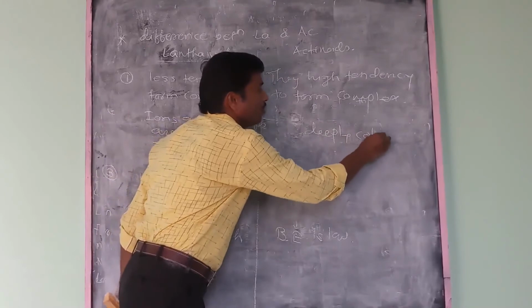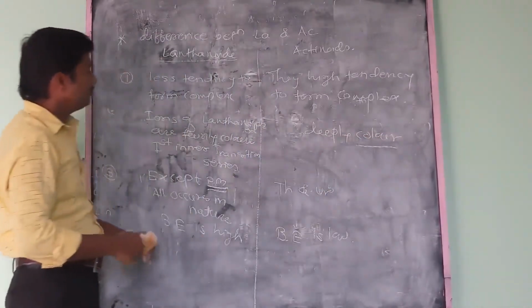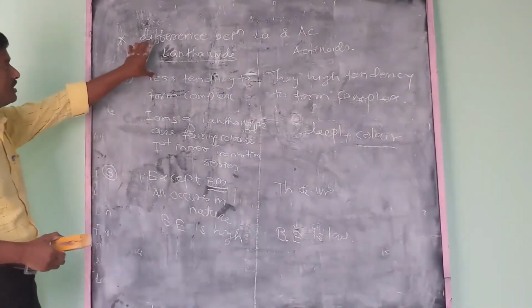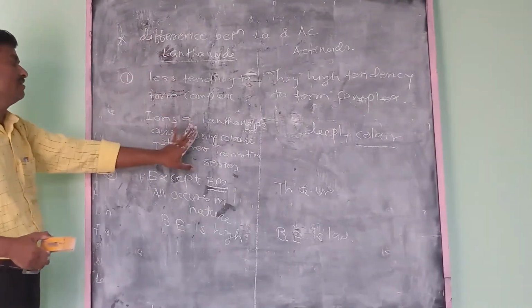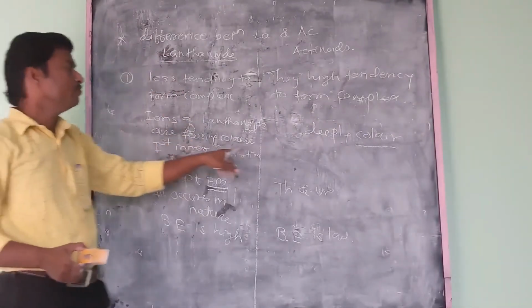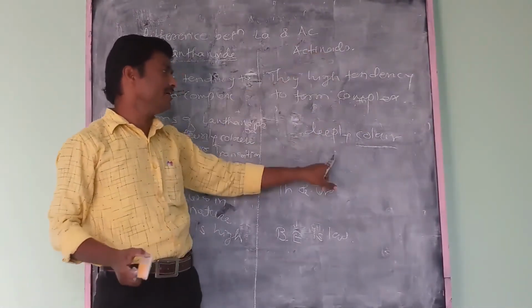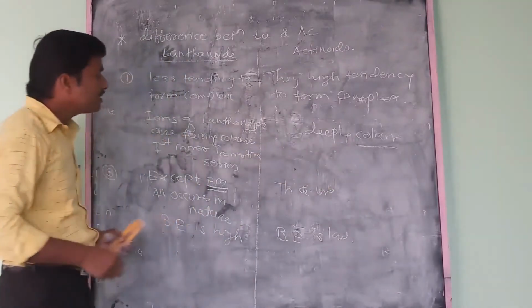Deeply colored means the ions formed by lanthanoids are fairly colored, but the ions formed by actinoids are deeply colored.